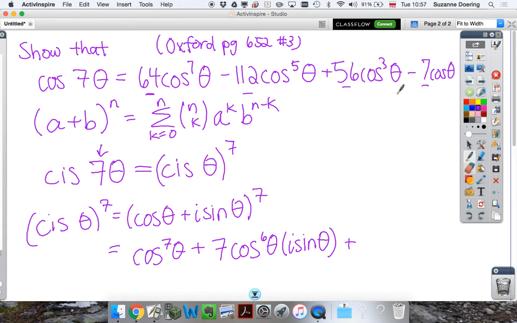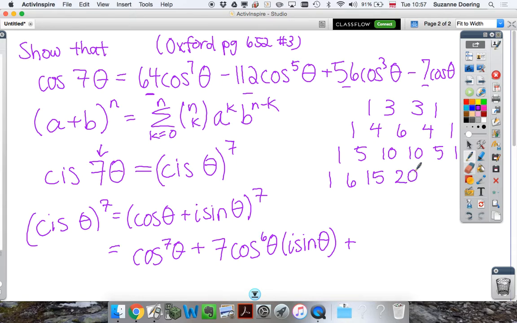Try that again. Here's row 3, row 4, row 5, row 6, and row 7, and I know it's going to be symmetric, so I just need to get the first grouping. Okay, so there's our 1, our 7, 21, cosines now to the 5th power. i sine theta is squared.